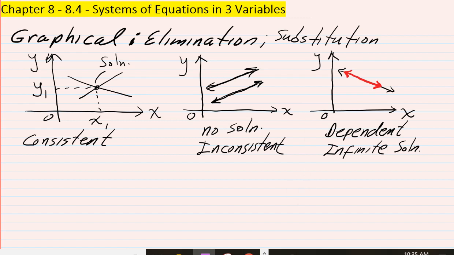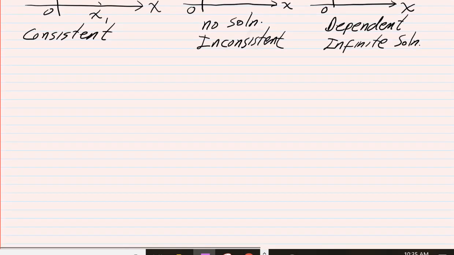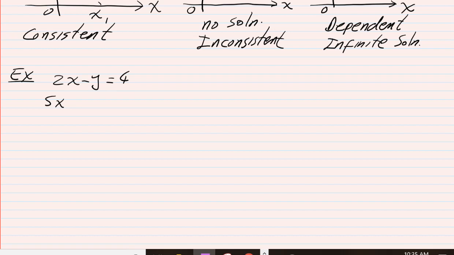Now, let's take a look at the idea of elimination or substitution. Let's say I want to solve a system, for example: 2x minus y equals 4, and 5x minus y equals 13.